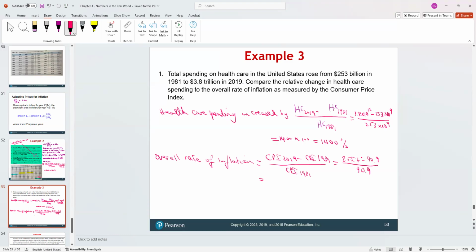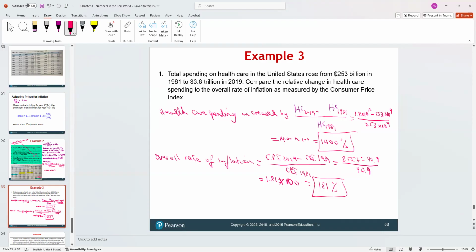So the answer for overall inflation is 1.81, which, when you multiply it by 100%, gives you 181%. So you see, the increase in healthcare spending is 1,400%, but the overall inflation was only 181%.